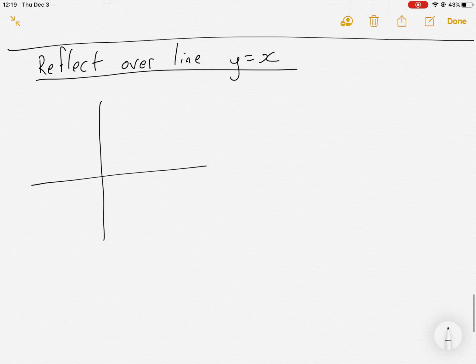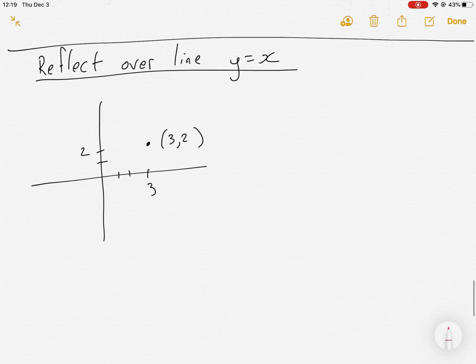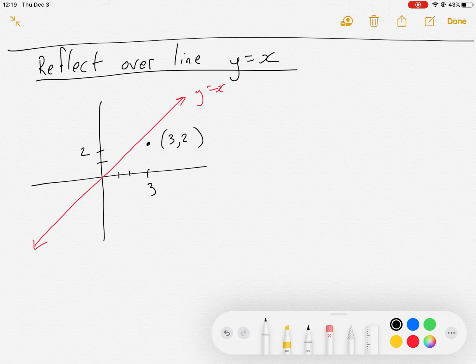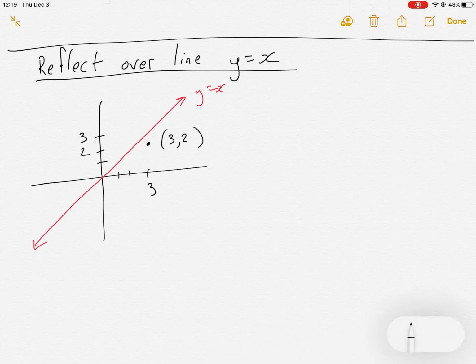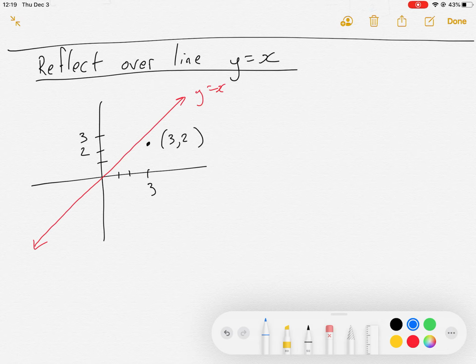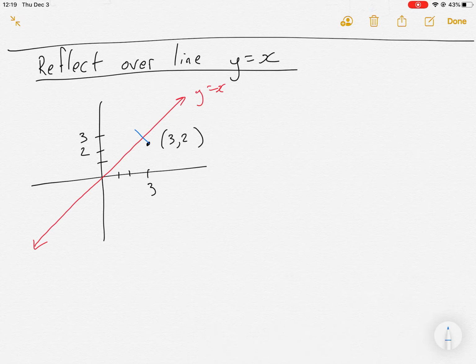So that means that if I have my point 1, 2, 3, and 2, and here's my line y equals x, what I'm doing here is I'm taking this point and I'm actually sending it straight across here. And so it's actually going to end up, if I had drawn this more to scale, this would actually be the point 2 and 3.